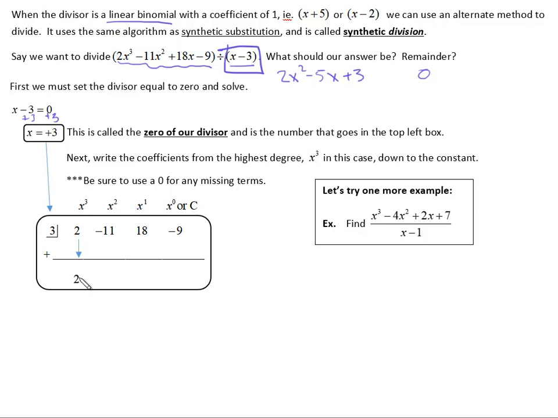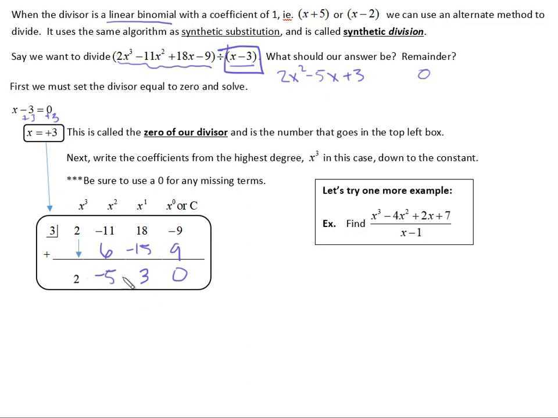And if you remember from the beginning of the video, we're going to multiply by the number in the box with anything below this line. So 2 times 3 is 6, and then we're going to add, which gives us negative 5. Negative 5 times 3 is negative 15. When I add, we get positive 3. And 3 times 3 is 9. When I add, we get 0.